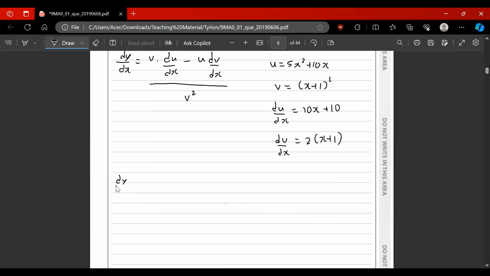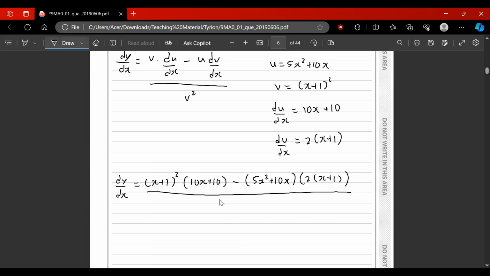So dy over dx is equal to v here, which is (x plus 1) squared, times, sorry, this should be 10x plus 10, minus u, which is 5x squared plus 10x, times dv over dx, which is equal to 2(x plus 1). And this whole thing should be divided by v squared, which is (x plus 1) to the power 4.